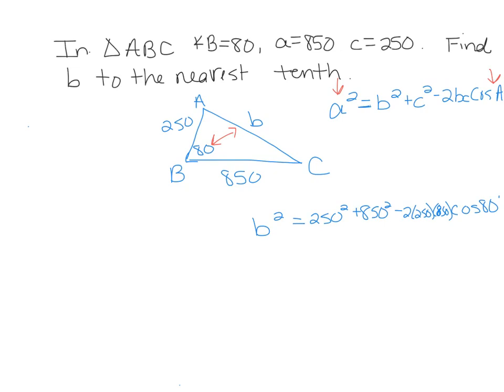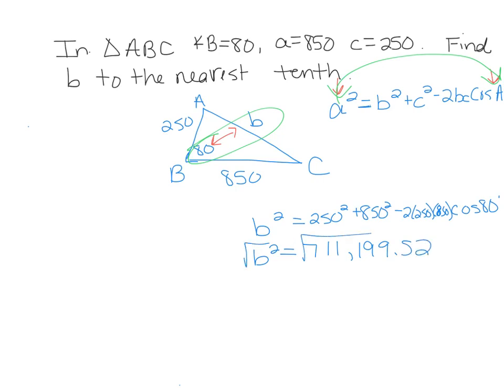So I'm just plugging in these two have to go in for these two because that's the pair that I have. So from here, if I type in the right side of the equation, that's going to give me 711,199.52. And then when I take the square root, I'm going to get that side B equals 843.3.